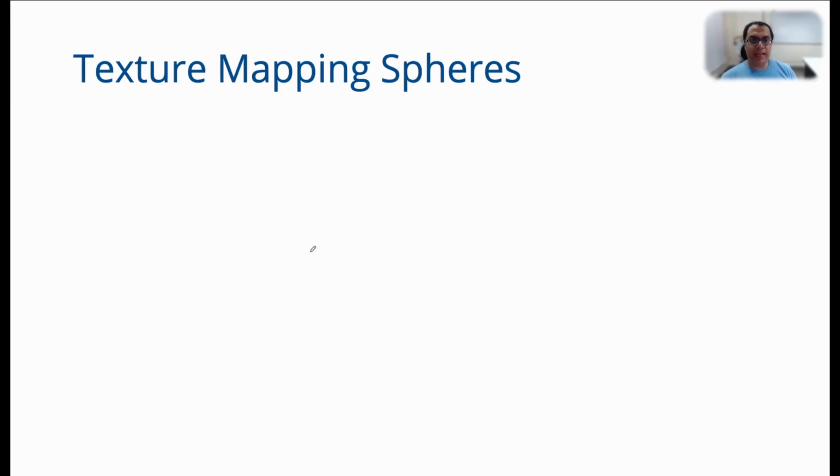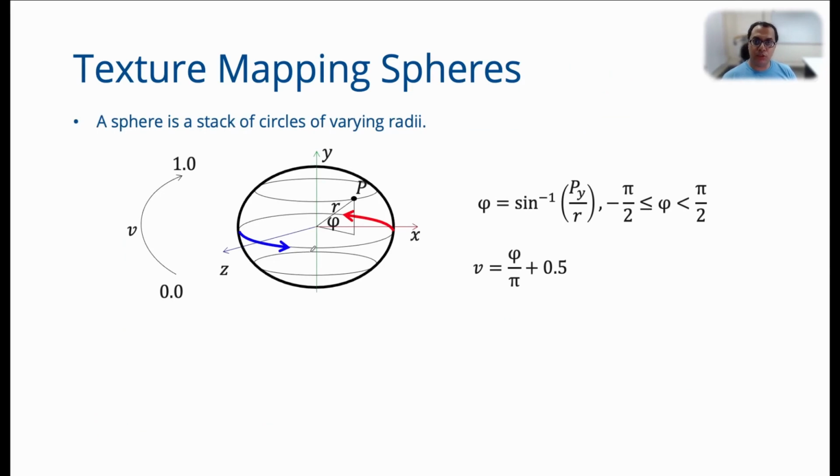You can similarly texture map spheres. So you can consider a sphere also as a stack of circles, and now instead of theta and height being used for U and V, you use theta and phi for U and V. So theta to U, the mapping stays the same as a cylinder.